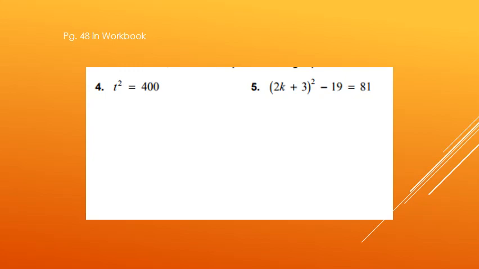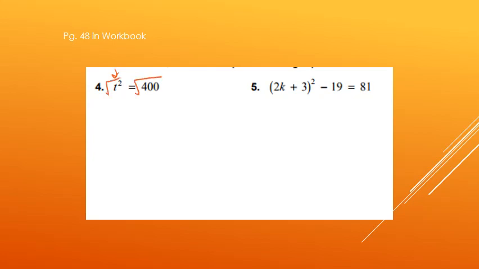Now what we want to do is start solving these things, and so we want to solve for t, basically. We want to know what answers t can be. So what we're going to do is take the opposite of t squared, which is going to be to square root. And I think that you all know that already.